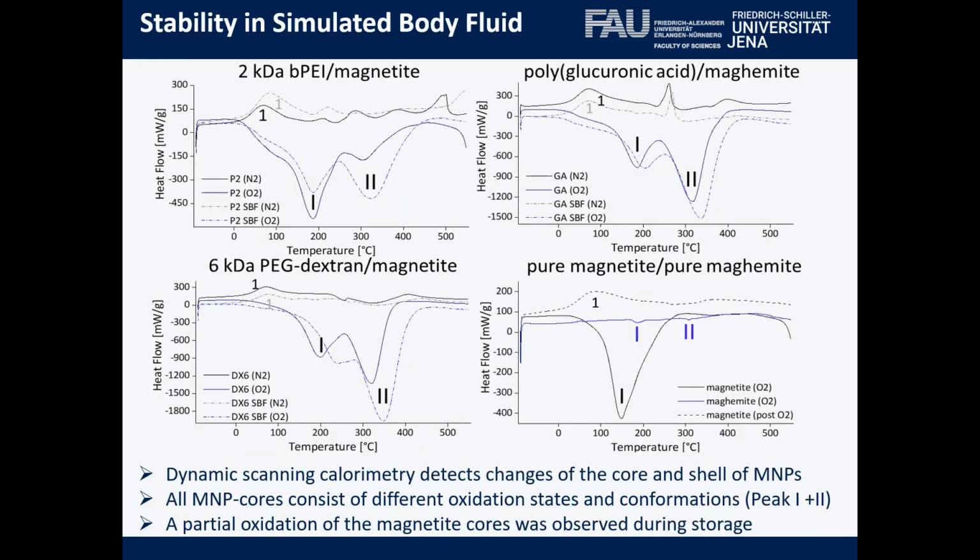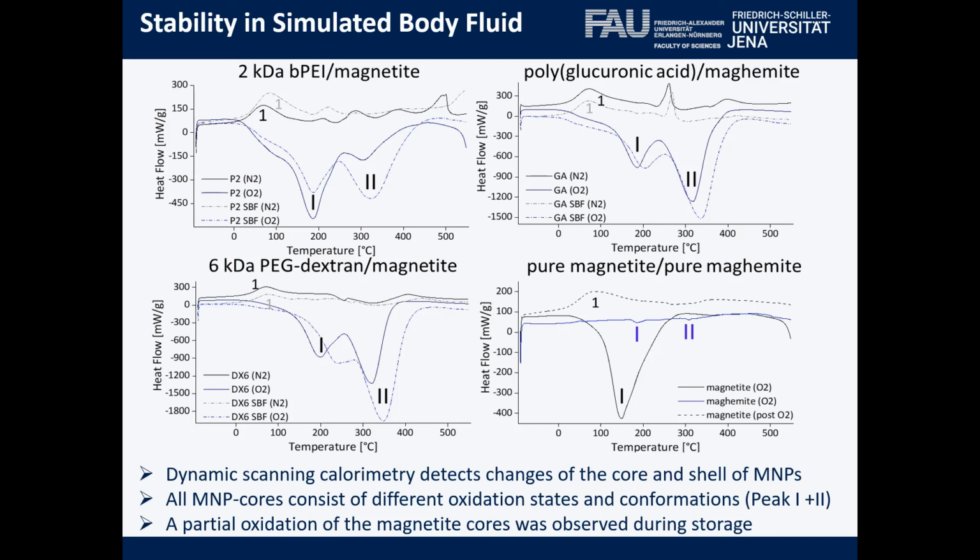Here we can see the results for the shell-coated magnetic nanoparticles. We saw that all the magnetic nanoparticle cores consisted of different oxidation states and conformations, because all these nanoparticles showed a large peak number 1 and number 2.